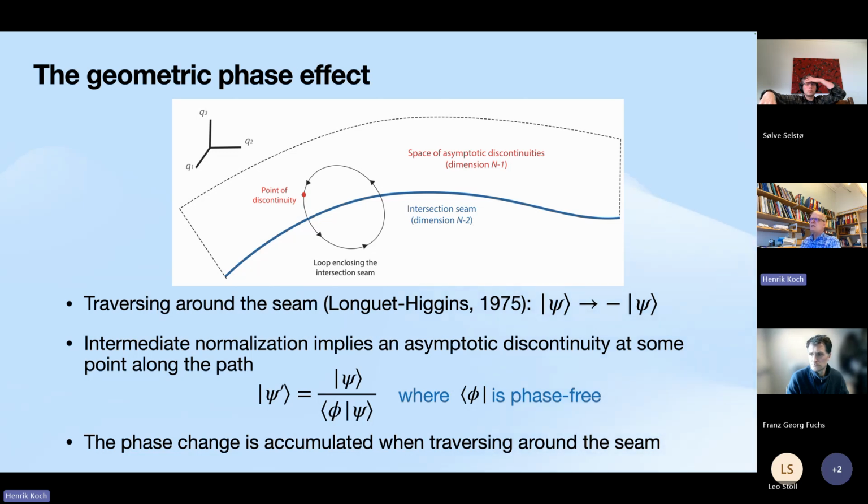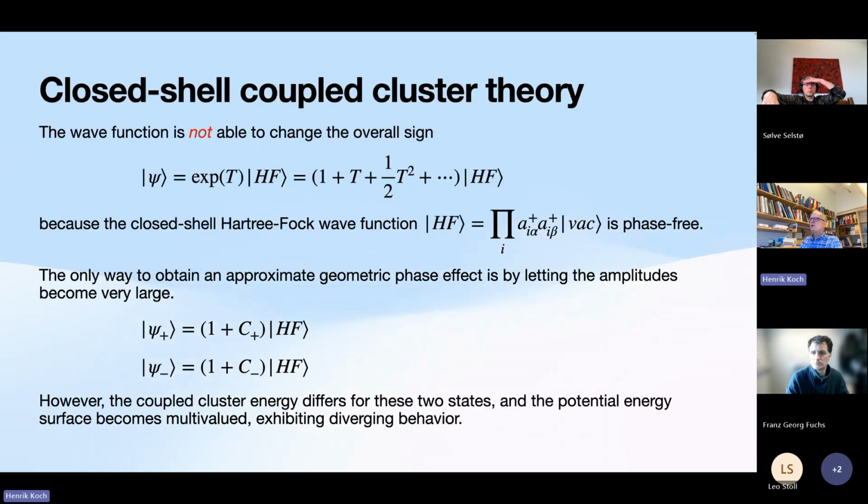And in that case, there is no way that we can change the sign of the wave function. And so we get into a problem. Let me just show you this here for coupled cluster theory, that we have the coupled cluster wave function there with the exponential. So it's 1 plus T and then so on.